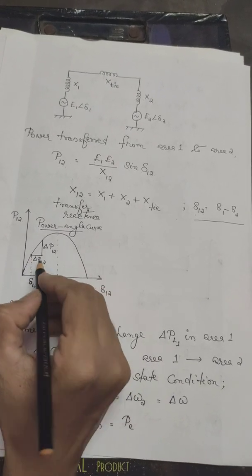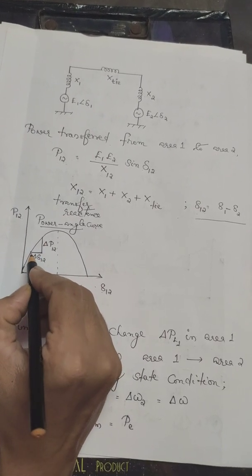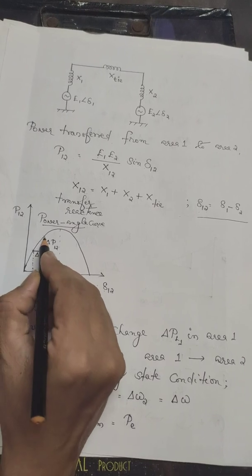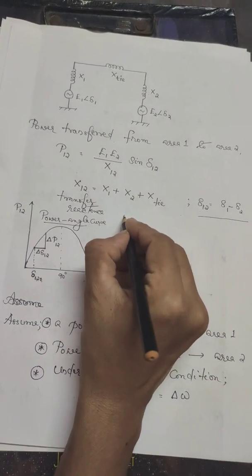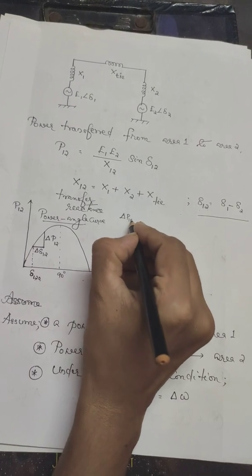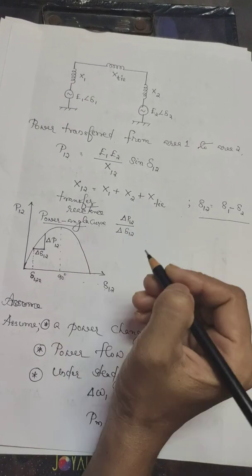Now we can calculate the slope of the curve at delta 12 0 like this, which is equal to delta P12 divided by delta delta 12.